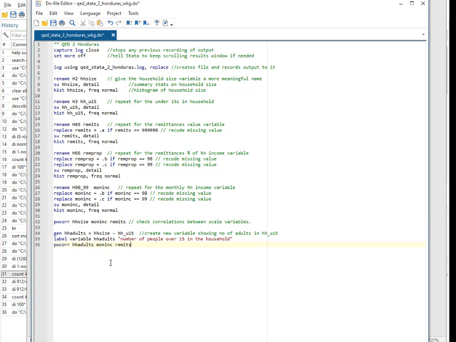So we'll generate a new variable for how many adults there are, label it, and work out whether that is correlated with income and remittances.